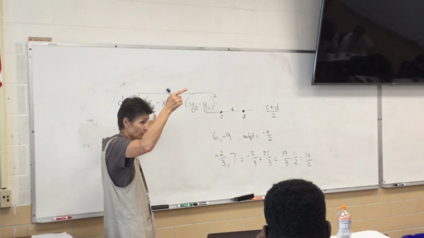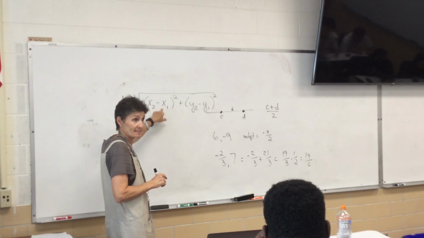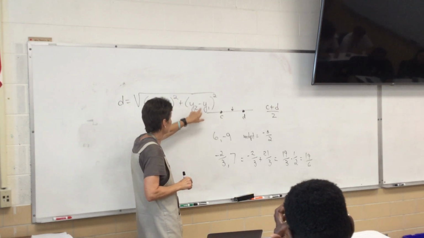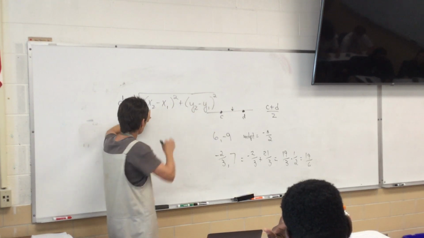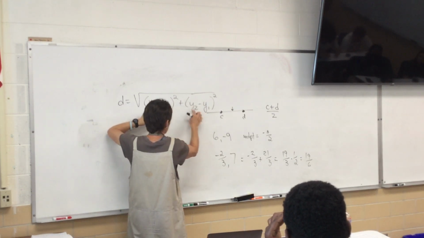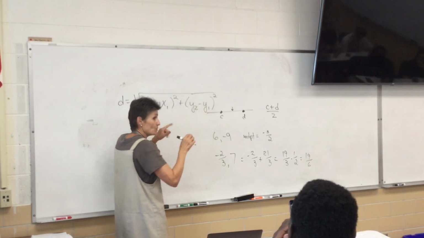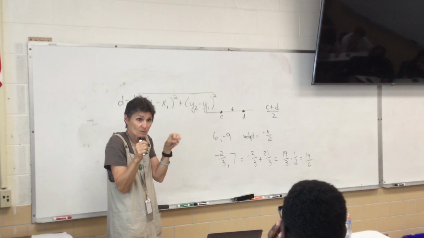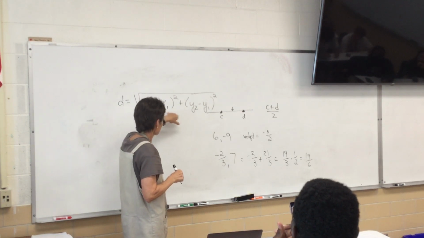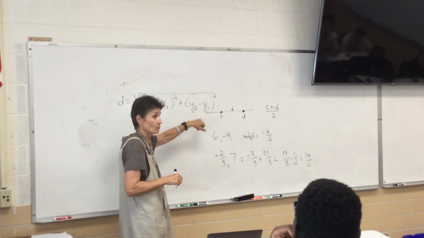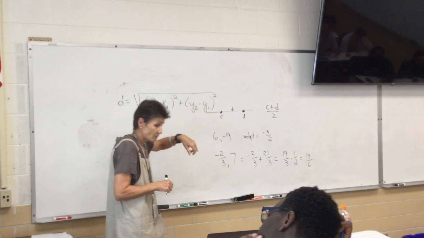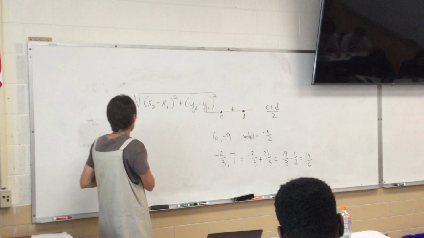That means something different, right? So x sub 2 minus x sub 1 squared, y2 minus y1 squared. Perfect. And what does all this stand for? What do these things stand for here? You have 2 points you're finding the distance between, and one of them is x1, y1, and one is x2, y2.